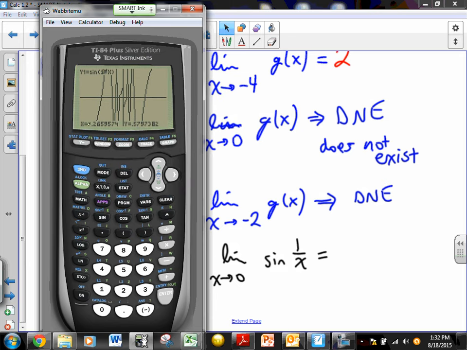I keep moving to the right and I go up to positive 1. Then it starts coming back down, and I go back down to negative 1.